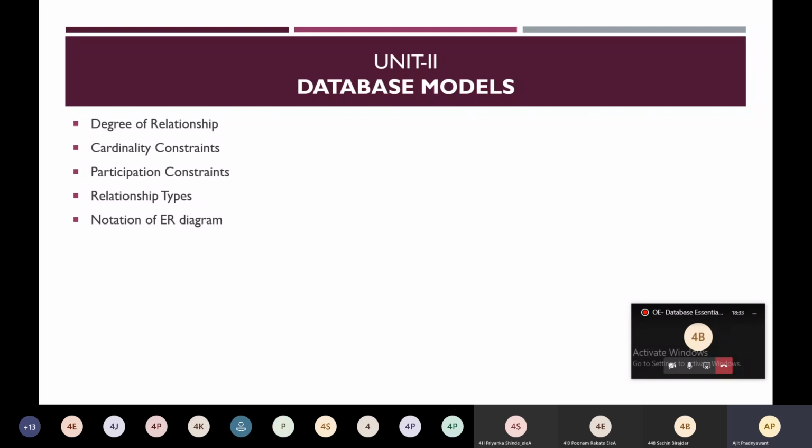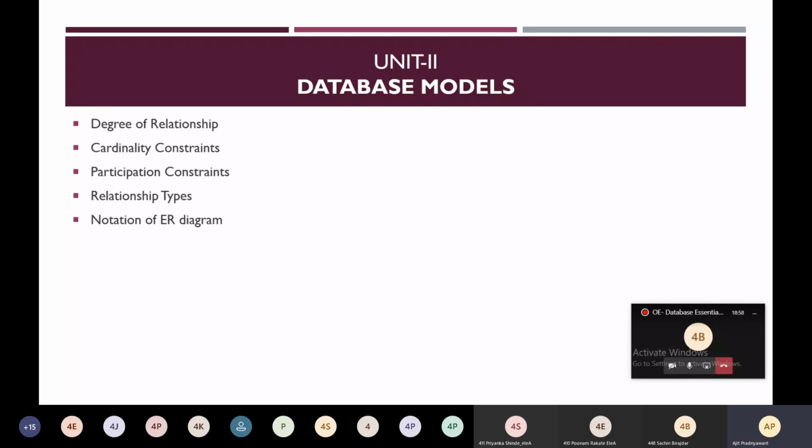So in unit number 2, that is database models, we have started with the ER model and we have seen the entity sets, attributes, different types of attributes. And then in the last lecture, we have seen the relationship sets.